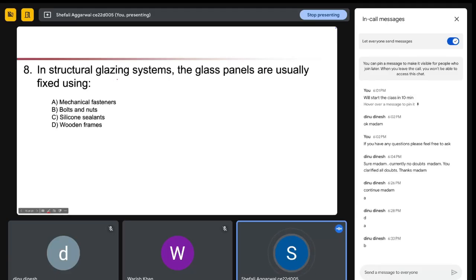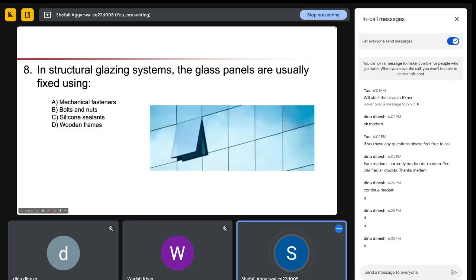Okay. In structural glazing system, the glass panels are usually fixed using mechanical fasteners, bolts and nuts, silicone sealants, or wooden frames. So if you see, this is a type of structural glazing system.